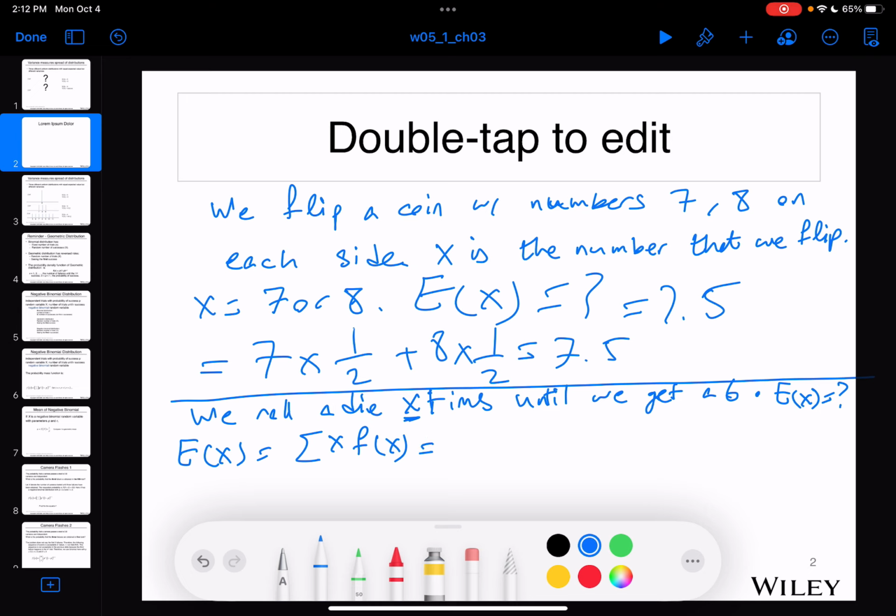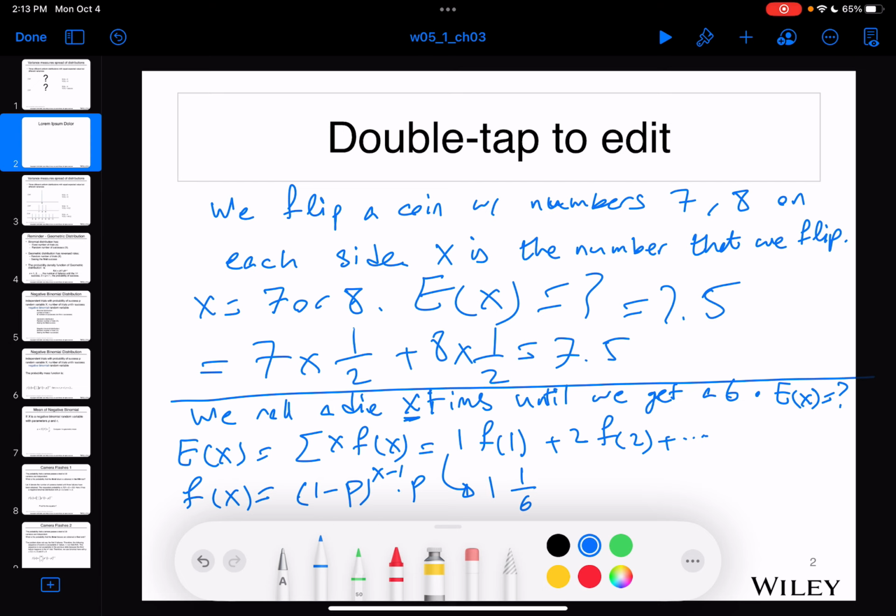So that is 1 times f of 1 plus 2 times f of 2 plus dot dot dot all the way to infinity. Now what is f? f is the probability in the geometric distribution. So f of x is (1 minus p) to the power x minus 1 times p. So f of 1 is basically p, so 1 over 6.